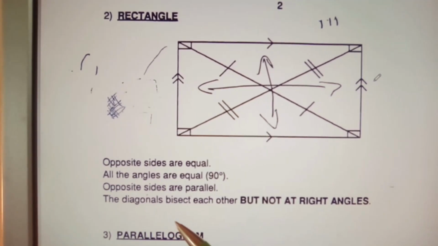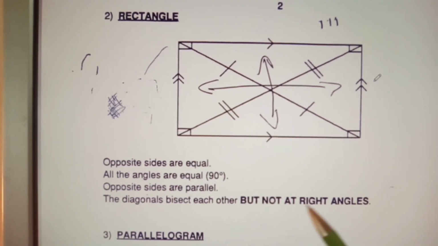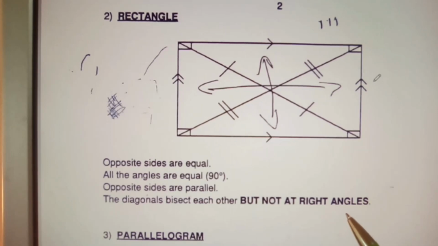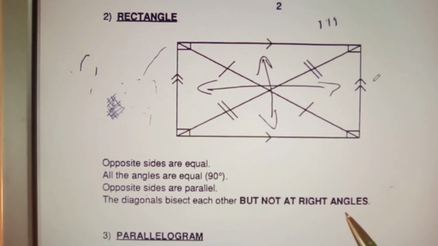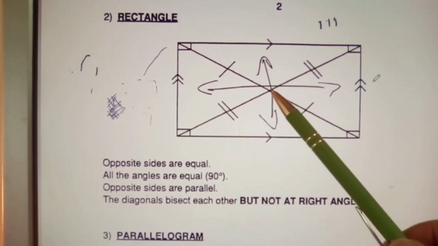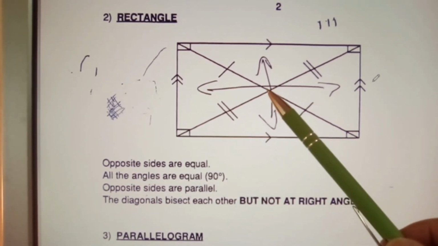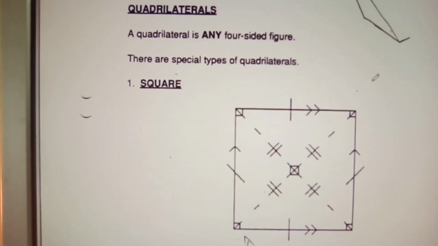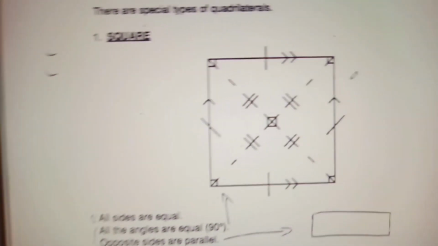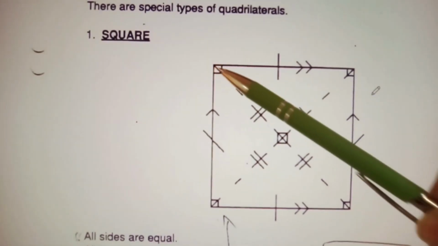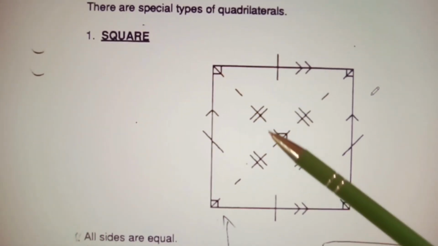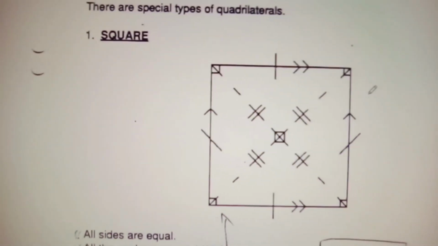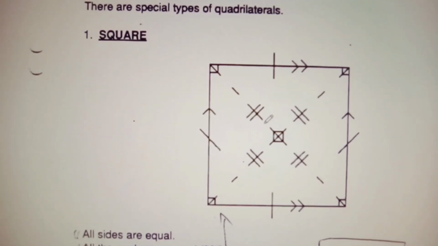Now the diagonals bisect each other, but not at right angles. And you can see the difference here, that this angle here would not be a right angle, whereas here that angle in between at this point would be a right angle.